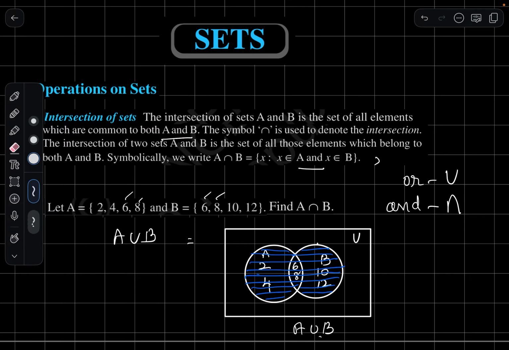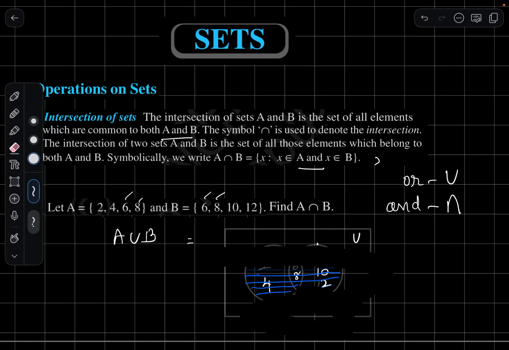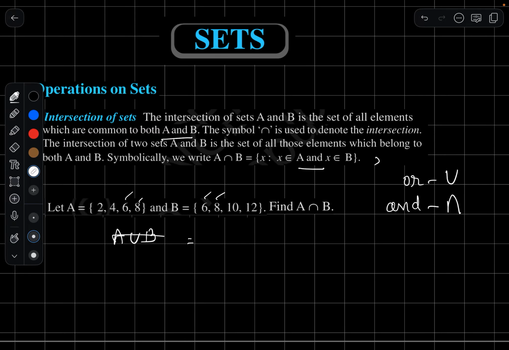I will delete the diagram. Now, again for A intersection B, we are going to draw the universal set.